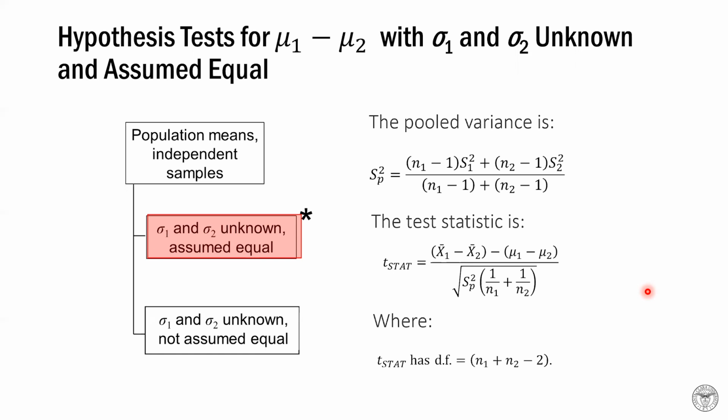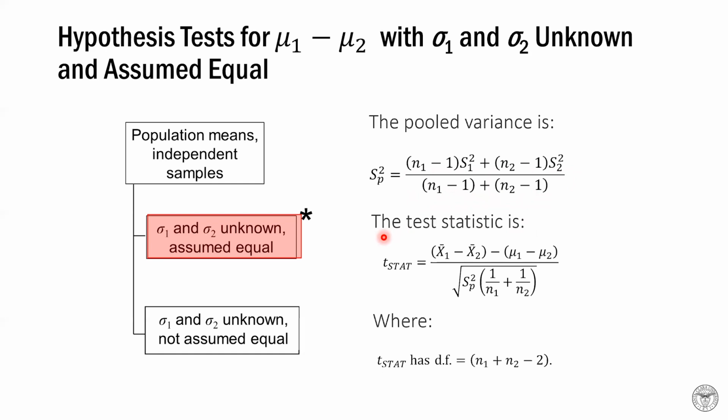In this situation, the pooled variance is given by s sub p squared equal to n sub 1 minus 1 times s sub 1 squared plus n sub 2 minus 1 times s sub 2 squared, over n sub 1 minus 1 plus n sub 2 minus 1.